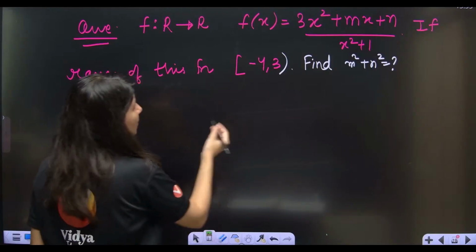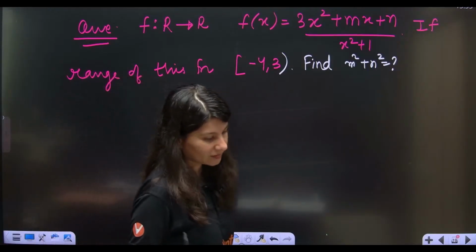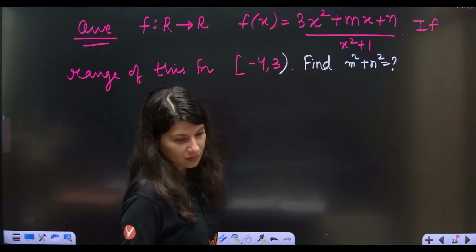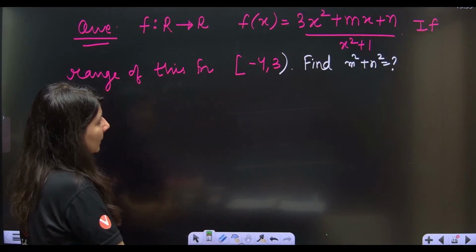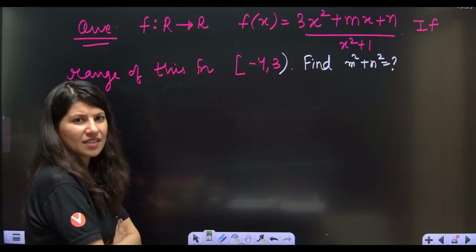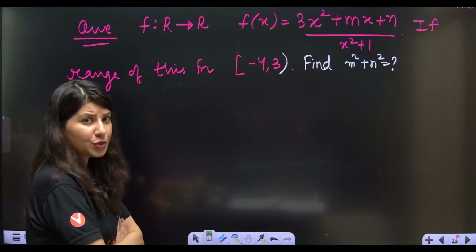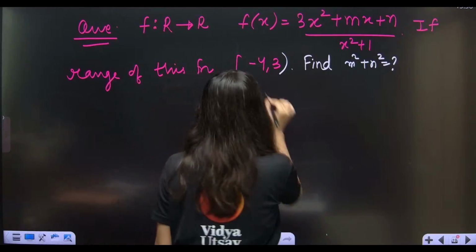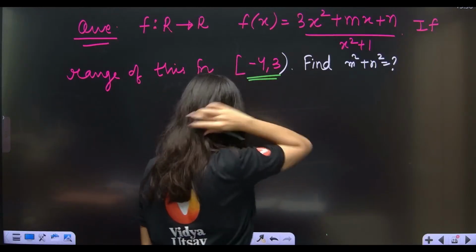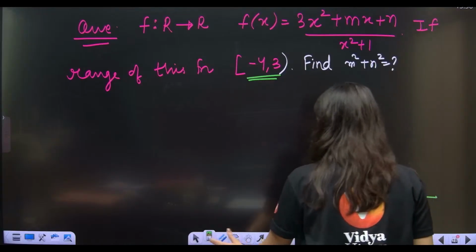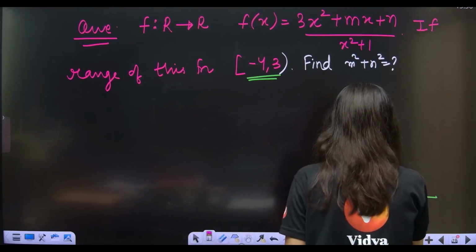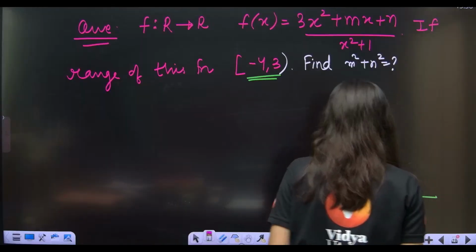Let's go with the normal solution first. So the range is minus 4 comma 3. Minus 4 and 3. So your answer will be what? Minus 4 and 3, correct?